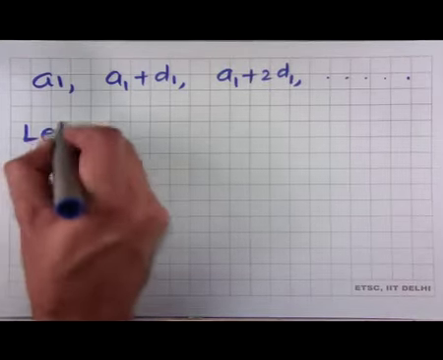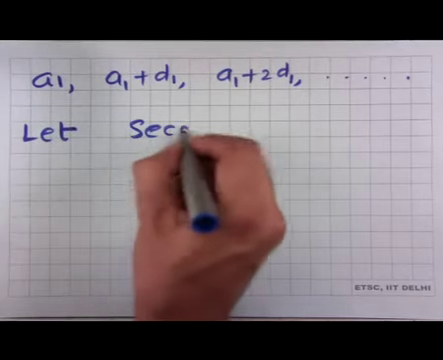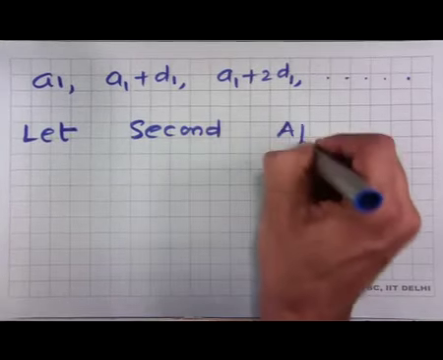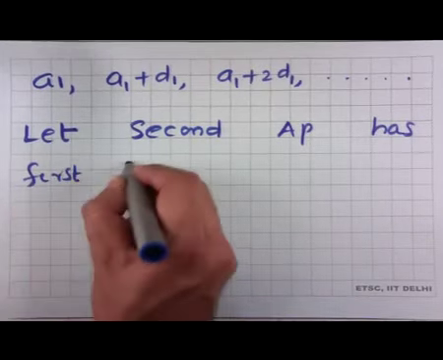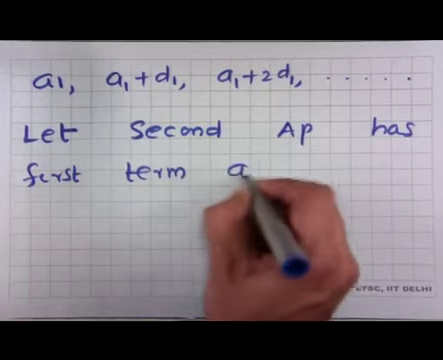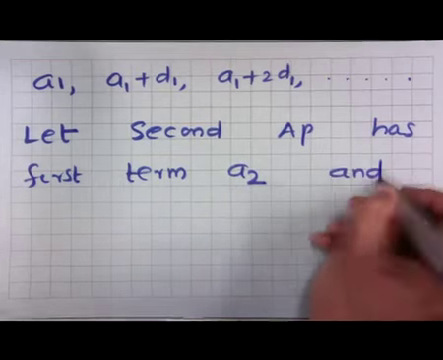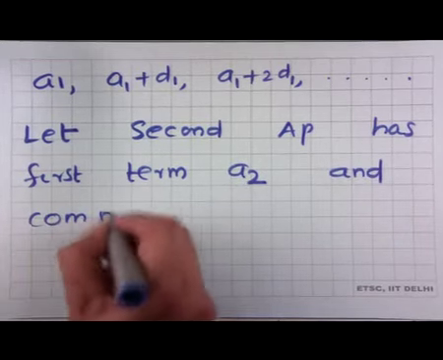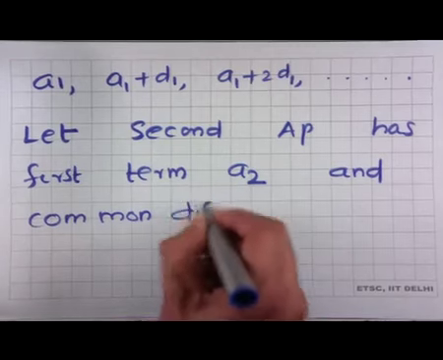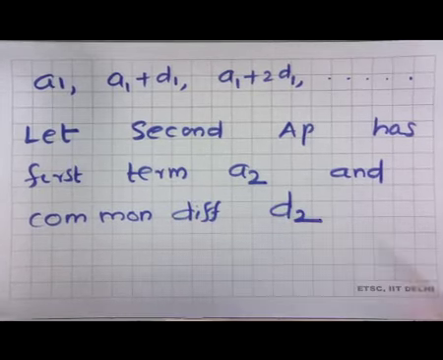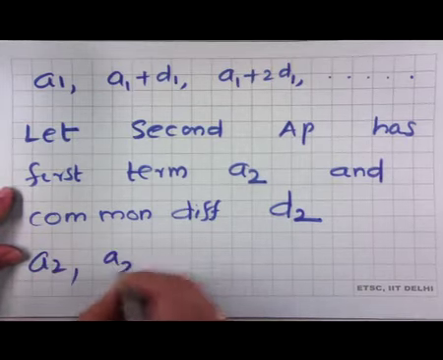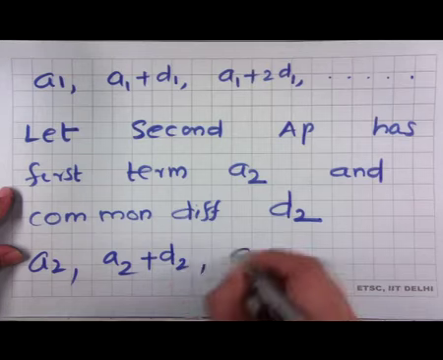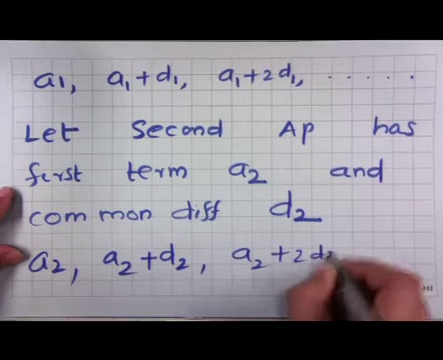Let the second AP have first term A2 and common difference D2. Then the second AP will look like A2, A2 plus D2, A2 plus 2D2, and so on.